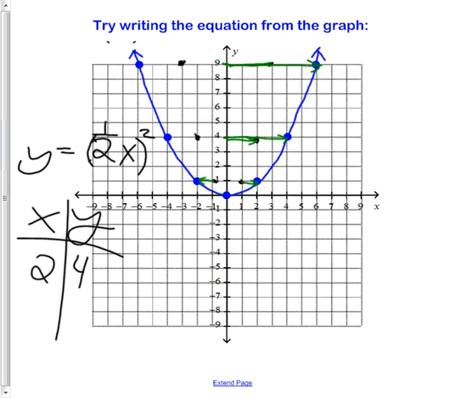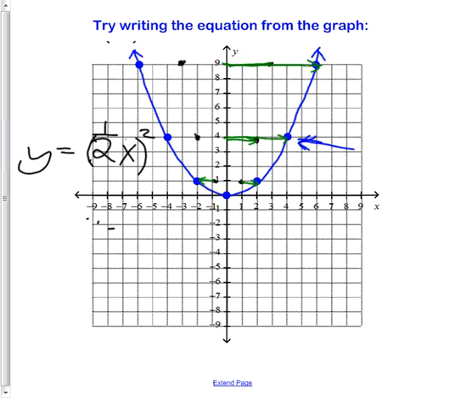Okay. All right, if I had to prove that I had the right equation here, what I could do is take a spot like right there, and it says 4 comma 4 should work in this. If I put in a 4 here, do I really get 4 for an answer? Yeah, because half times 4 is 2. 2 squared is 4. It actually works. So if you ever want to know if you've got the right answer, you can check it.